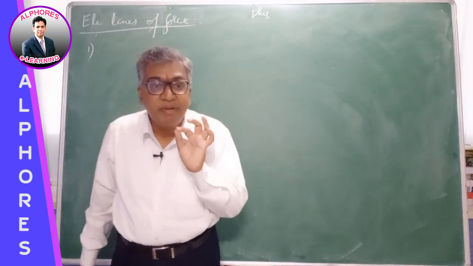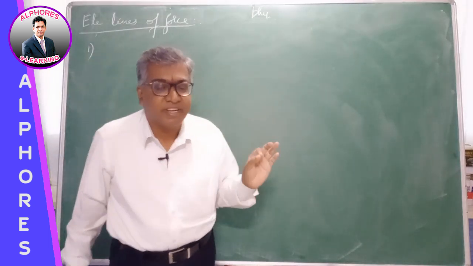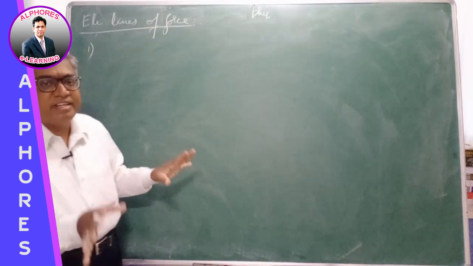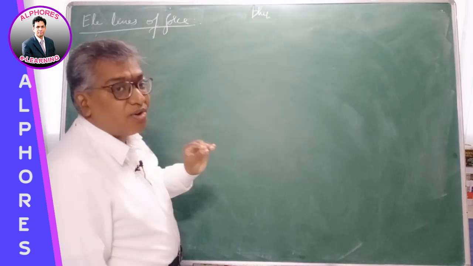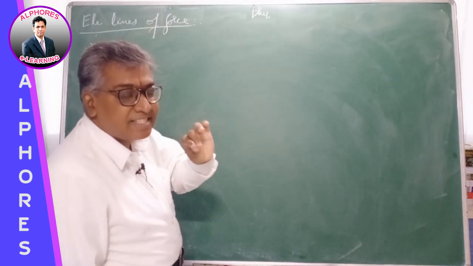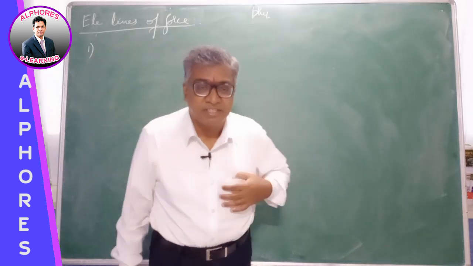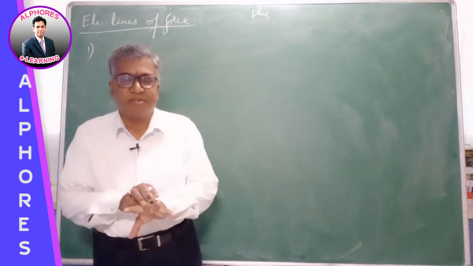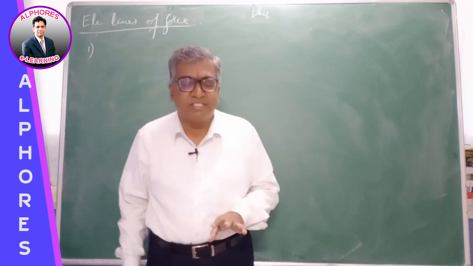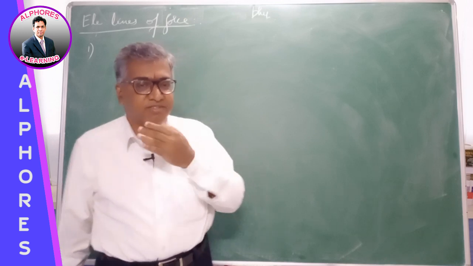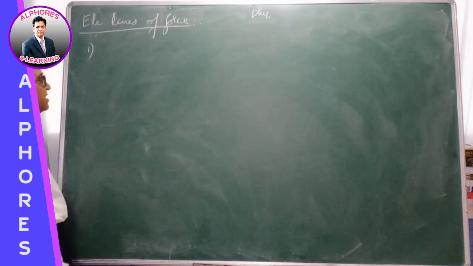They are geometrical constructions which show the pattern and orientation of the electric field, but they are not really existing phenomena. Sometimes in previous questions it was asked whether they exist moving from positive to negative charge. They do not exist. They are imagined to go from positive to negative charge. They have no physical existence.